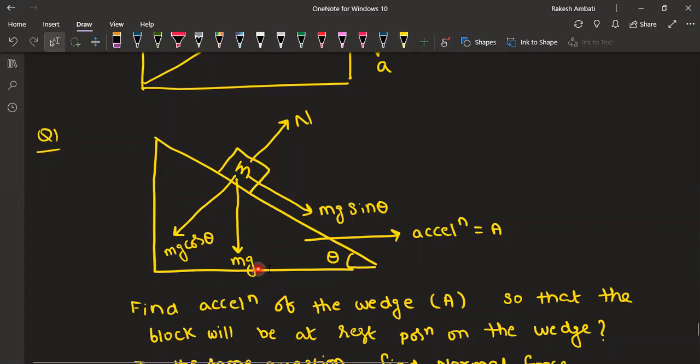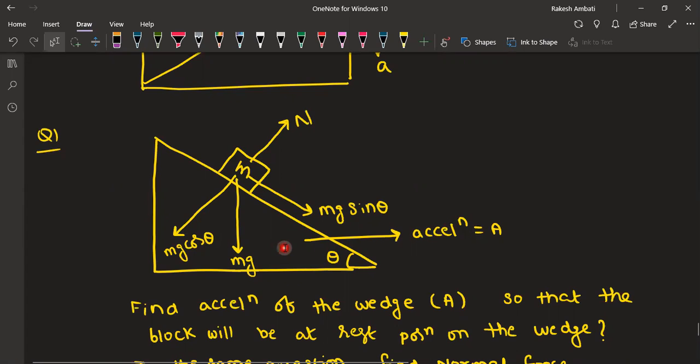But in this case, the wedge is having acceleration, so the wedge comes under a non-inertial frame because the acceleration of the wedge is given.